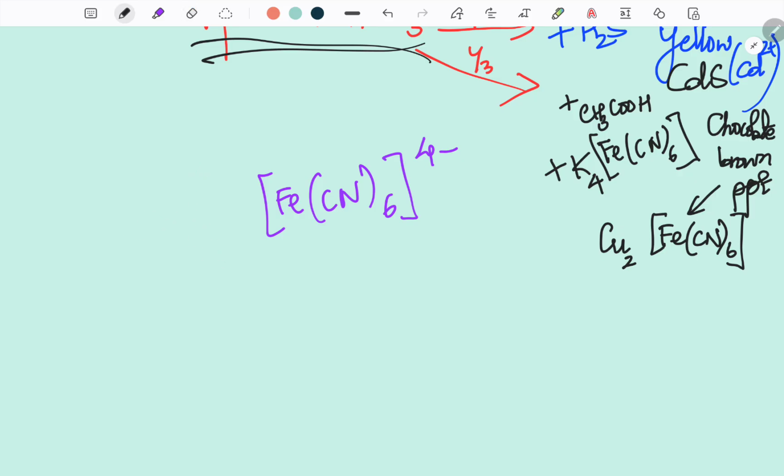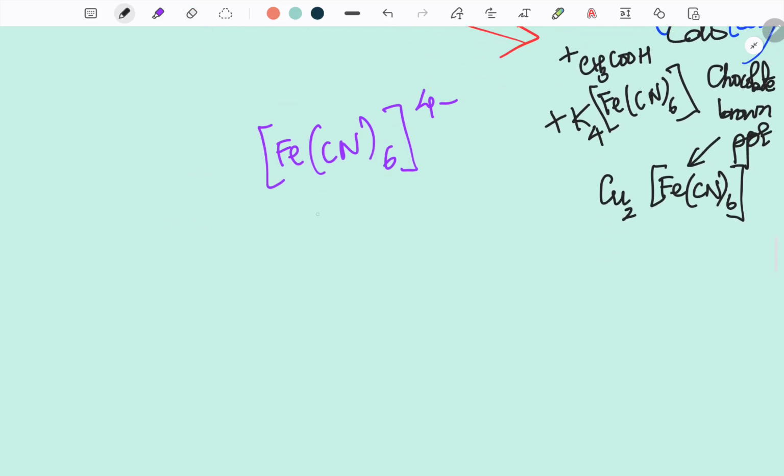Now, according to IUPAC nomenclature, this is known as hexacyanidoferrate. Hexacyanidoferrate, and the charge of iron is 2.